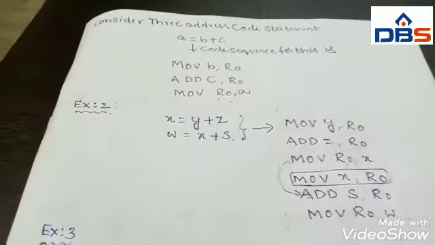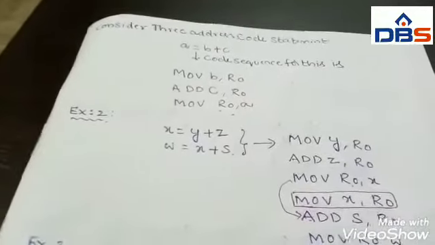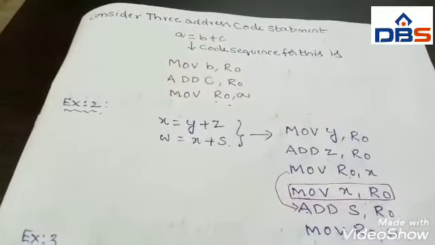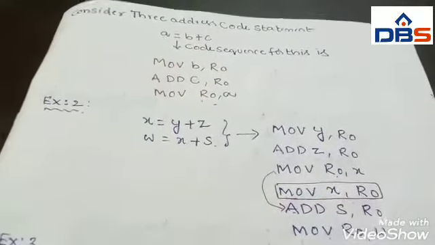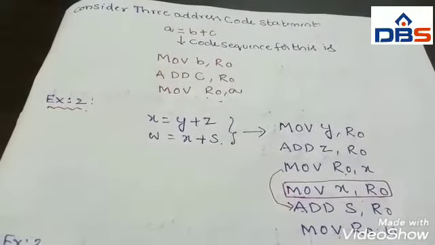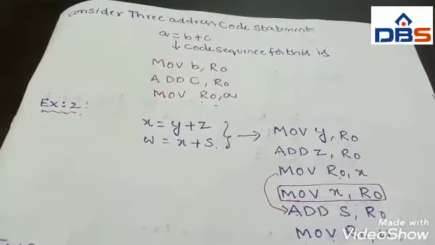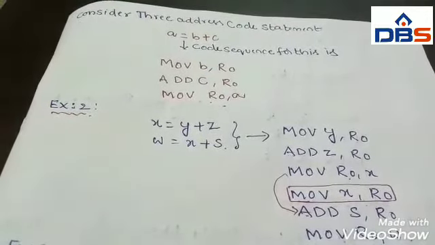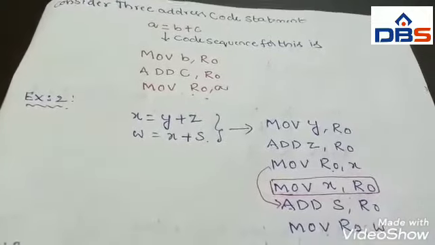If you see the second example here, the 3 address code is x equal to y plus z, w equal to x plus s. First we need to move y into register R0, that is move y comma R0. Then z must be added to the contents of R0, that is add z comma R0.